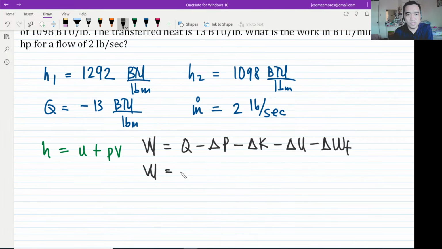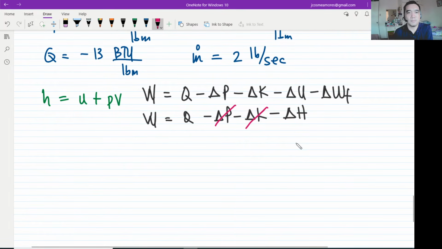Then work will be Q minus delta P minus delta K, and these two would be replaced by minus delta H. But in this problem, we will neglect the change in potential energy and the change in kinetic energy.